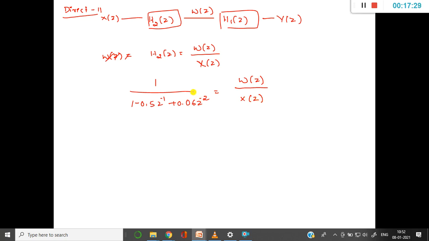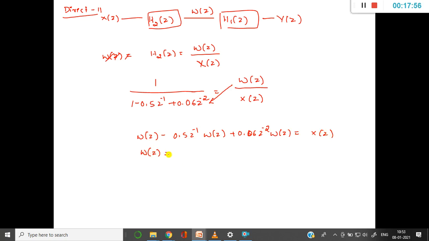Now cross multiply and obtain the value of W(z). I need W(z) here. So if we cross multiply, this is W(z) minus 0.5 z inverse W(z) plus 0.06 z raised to minus 2 into W(z), equal to X(z). What is required for me?